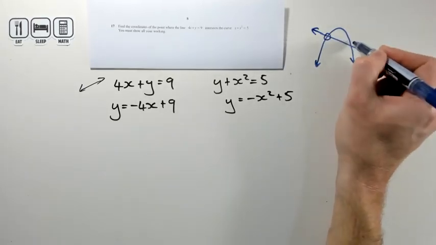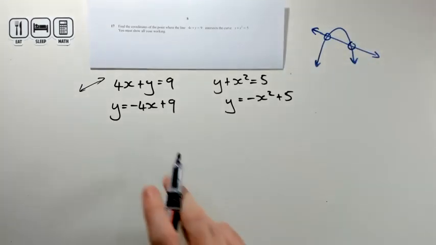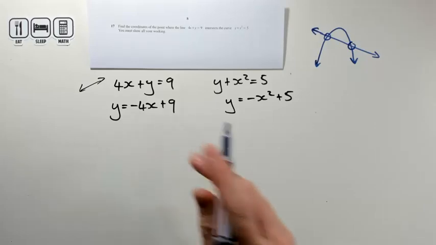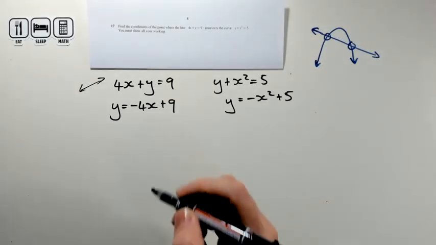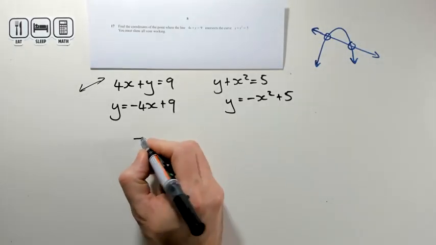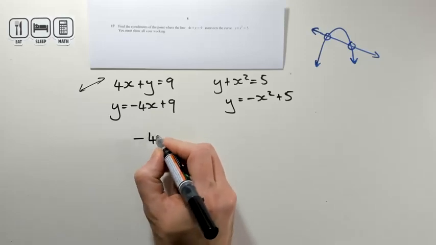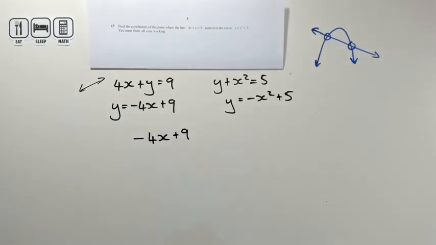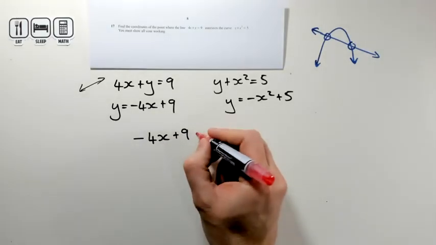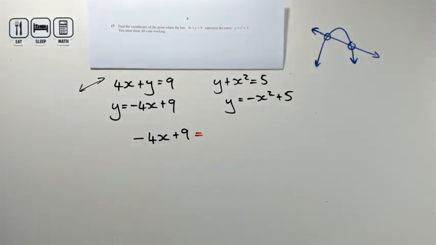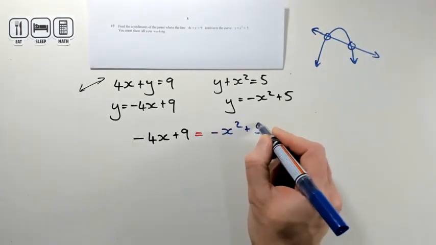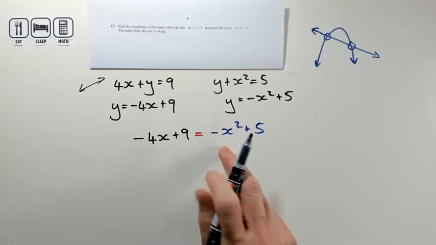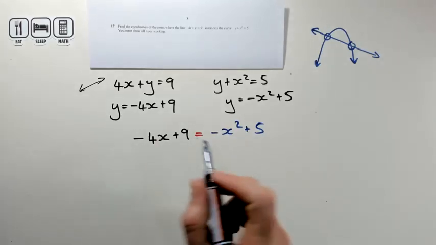They're asking for these two coordinates, and this first step is to equate these to each other. So this is the line, let's say negative 4x plus 9. And then that is going to be equal to my parabola, negative x squared plus 5. Now I'm not really in the mood for negative x squareds, so I'm going to take this over.